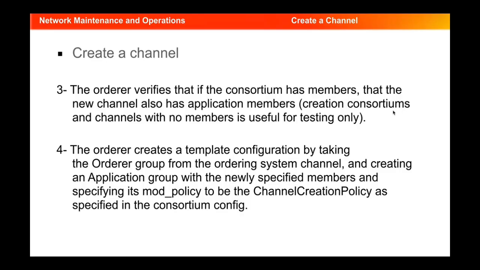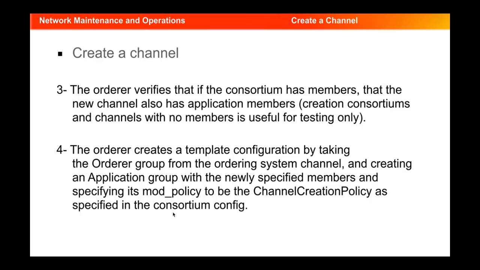That the new channel also has an application member. That means creation of a consortium and channel with no members is useful only for testing purposes. So the orderer creates a template configuration by taking the orderer group from the ordering system channel and creating an application group with the newly specified members and specifying its mod_policy to be the channel creation policy as specified in the consortium config.